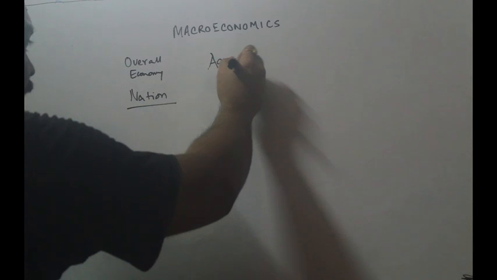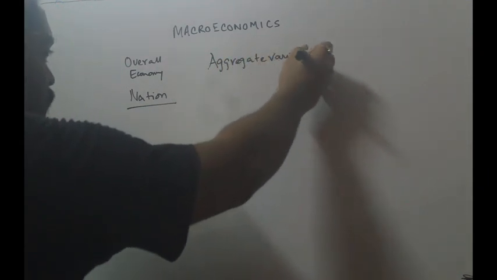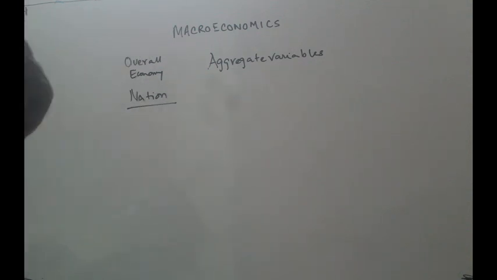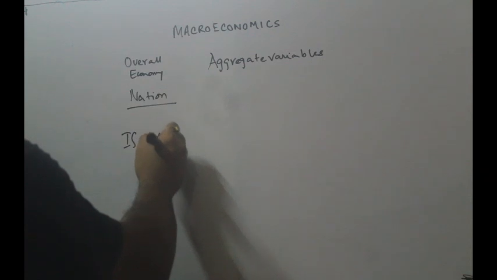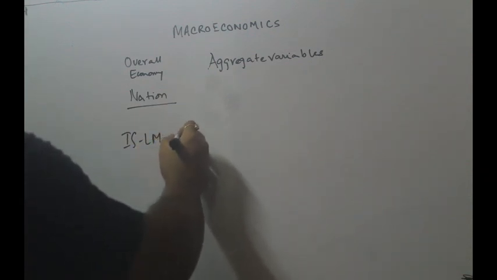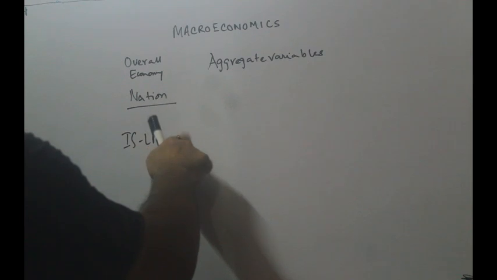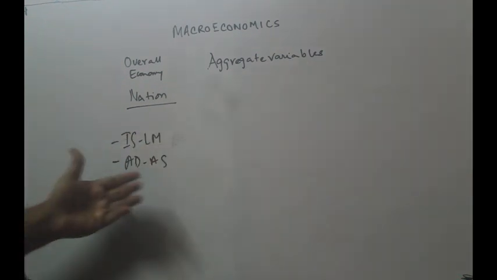We deal with aggregate variables. What are aggregate variables? Last day we discussed, there are two graphs actually, I will come to that. Two graphs, one is ISLM, this is for monetary and fiscal policies, and one is ADAS, that is aggregate demand and aggregate supply.